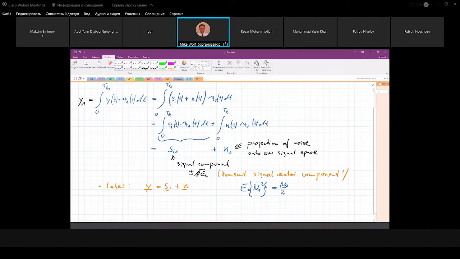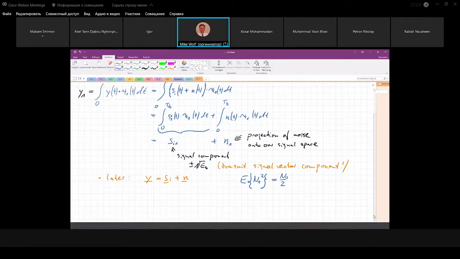The reason is simple, because our basis function has unit energy. You cannot realize this in practice, but this is advantageous for modeling. In practice, you can correlate with any signal which has the same shape as psi1. Then you get a scaled version of the signal vector component and a scaled version of the noise. But the signal to noise power ratio is exactly the same as before. You will see this later when we talk about the sampled matched filter.